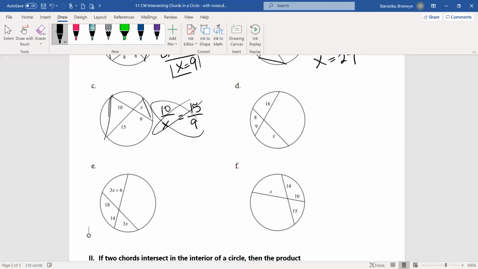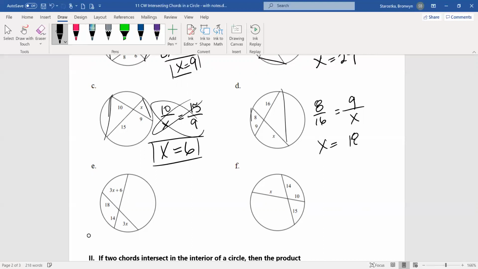We've got 15x equals 90, so x equals 6. Boom, boom. 8 over 16, 9 over x. X equals, you look at that one, 18.